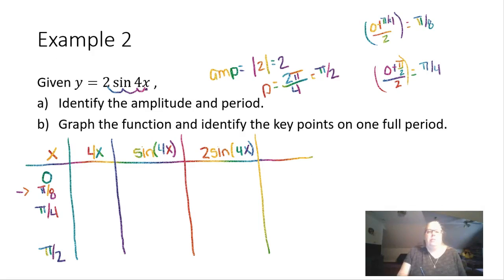So now what we want to do is find the angle that's exactly halfway in between pi over 4 and pi over 2. And the way we're going to do that is we're going to take pi over 4 and add it to pi over 2, and then divide that by 2. And in my handy dandy calculator, that's going to give me 3 pi over 8.